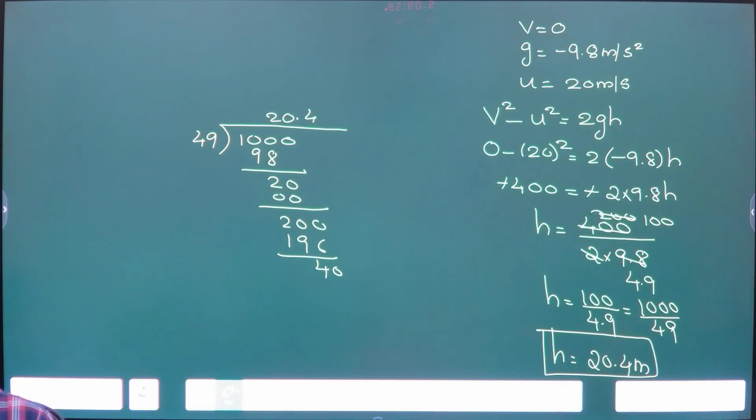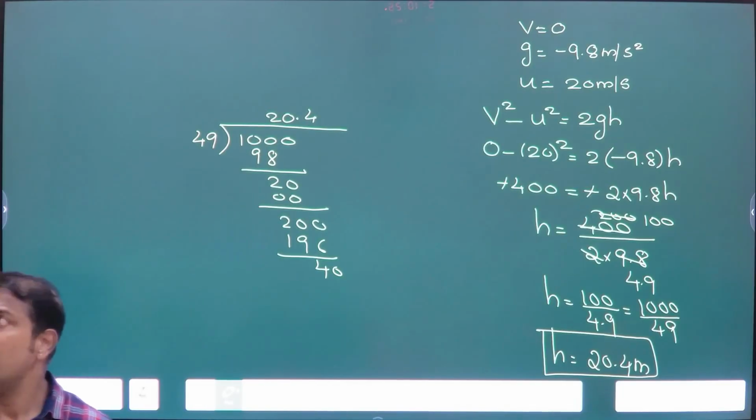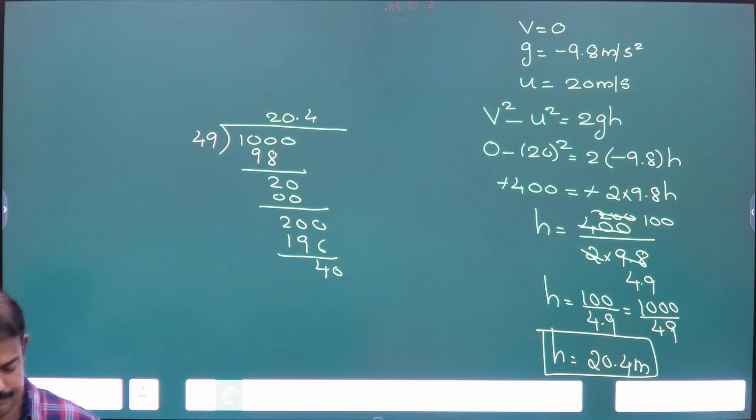Second part, how much time is taken by the ball to reach the highest point?